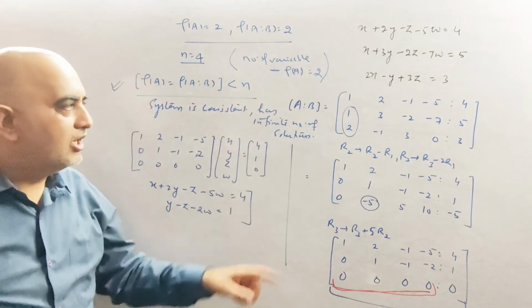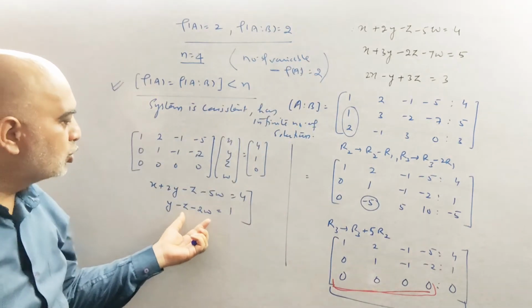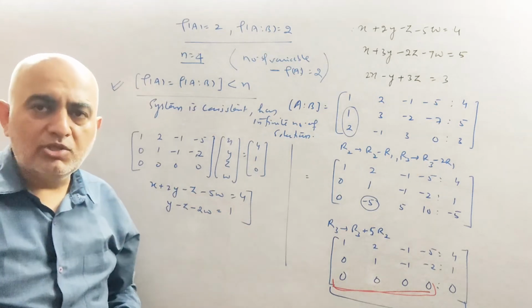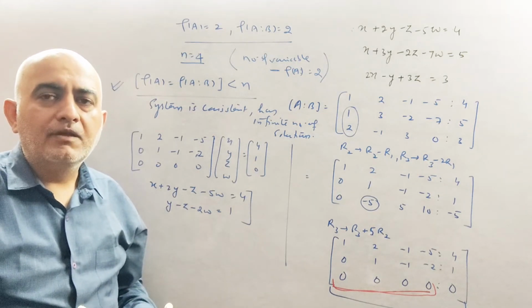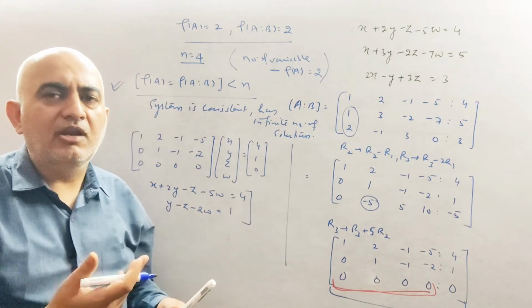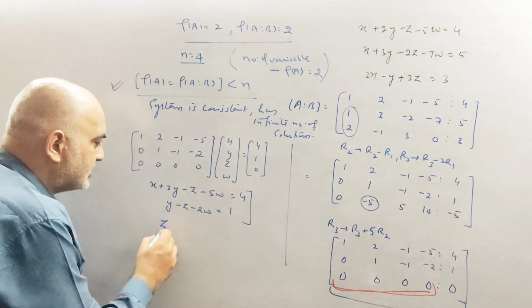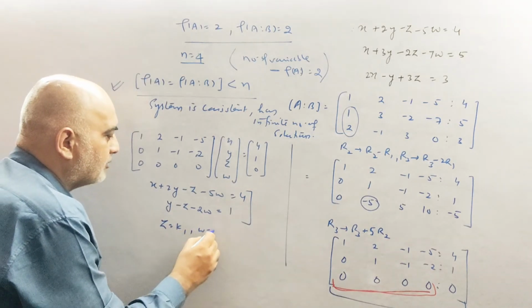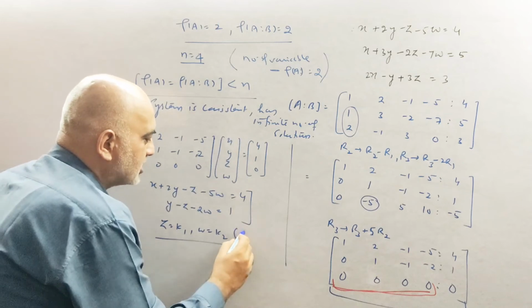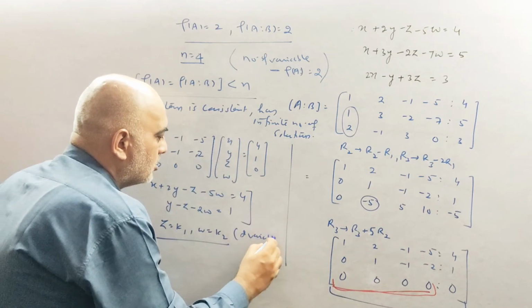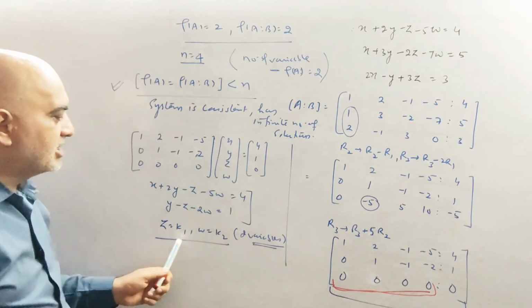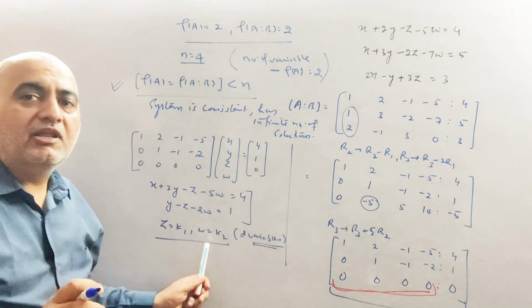What does it mean? It means we have to take two variables as arbitrary constants. So we take z equals k1 and w equals k2, the two variables in the form of arbitrary constants.